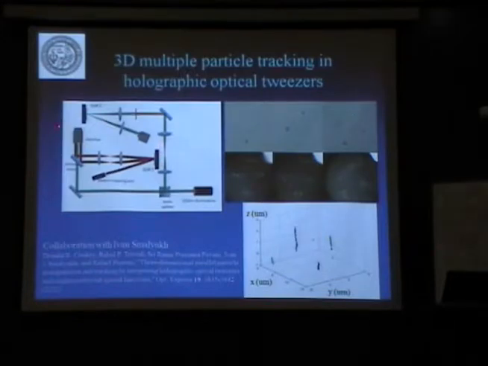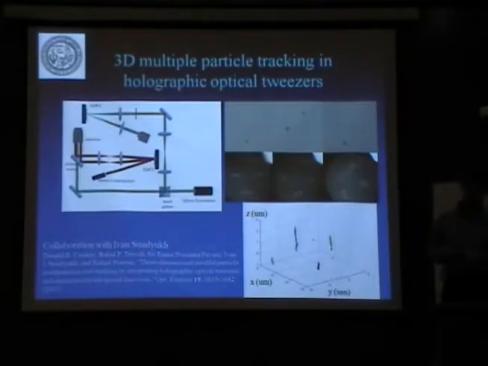So you have an optical tweezer setup. Here you have an objective, and here you have the samples. And then you have another system that is used to localize particles, so you can track particles in 3D. These are different particles that you are moving with one system and tracking with the other system.